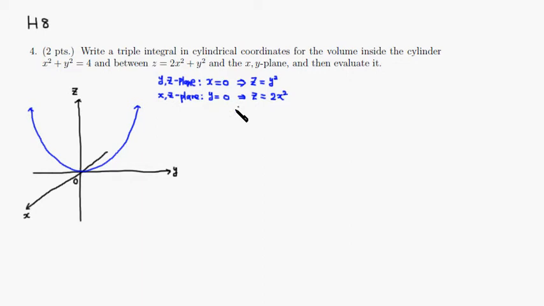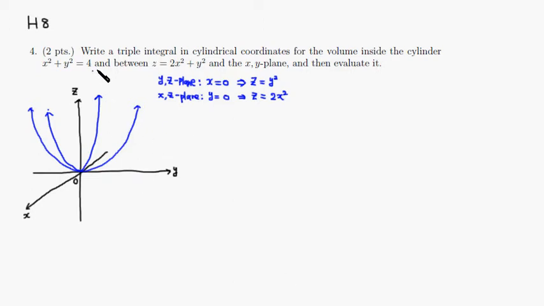On the xz plane it's still a parabola, a little steeper because of that 2. So maybe I'll just draw a picture right here. It's going to look kind of like this, and on the xz plane it looks like that.